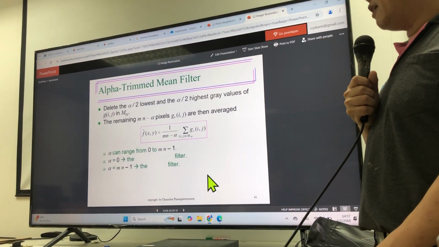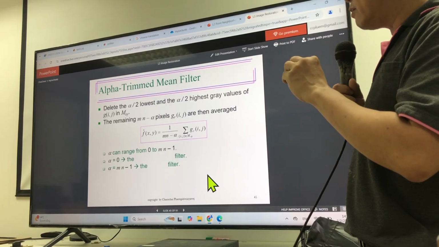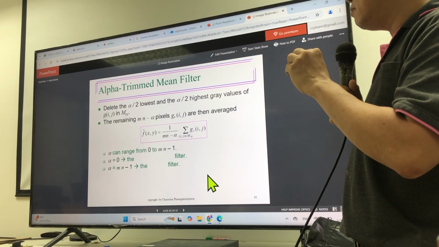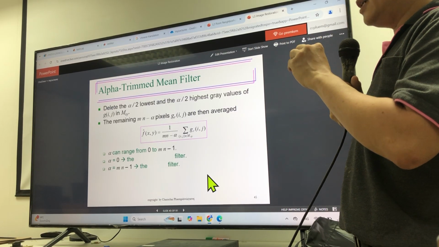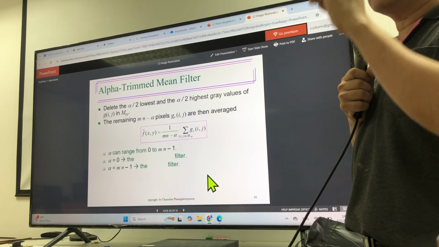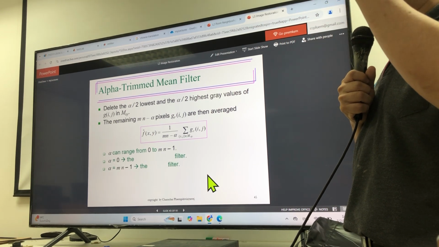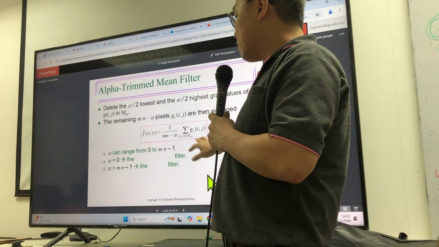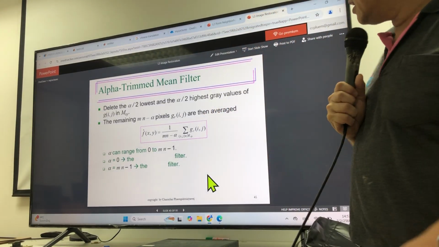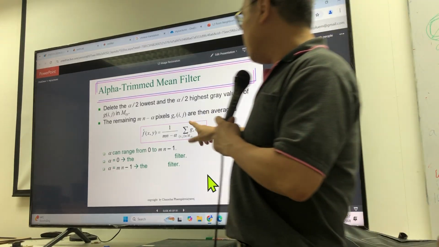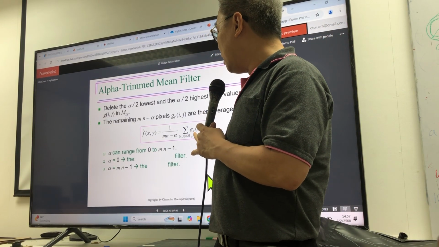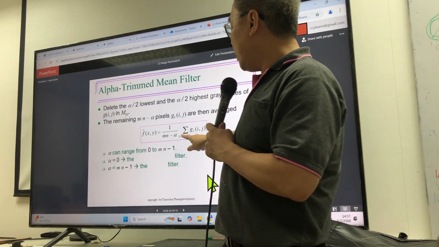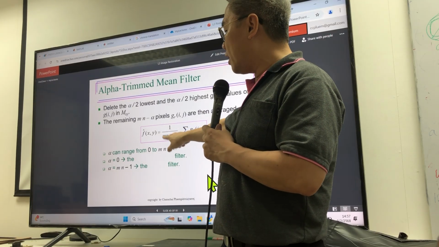Alpha-trimmed mean. It's just like the contraharmonic mean, which is the cross between the arithmetic mean and the harmonic mean. This one is a cross between what and what? Let's see. This says you sum g in R, where you take the average of not all the pixels.